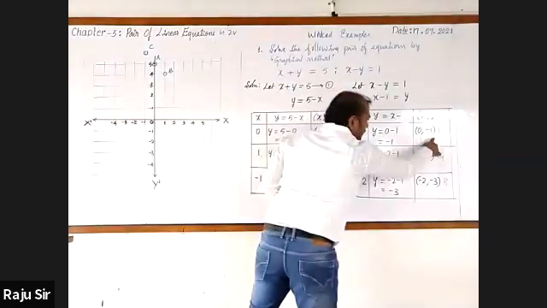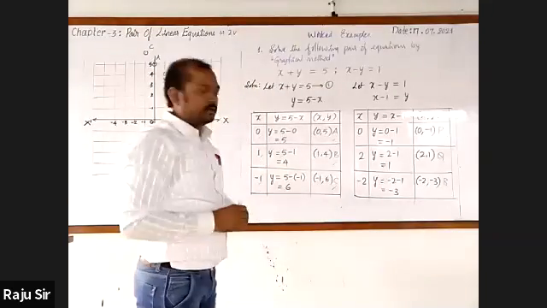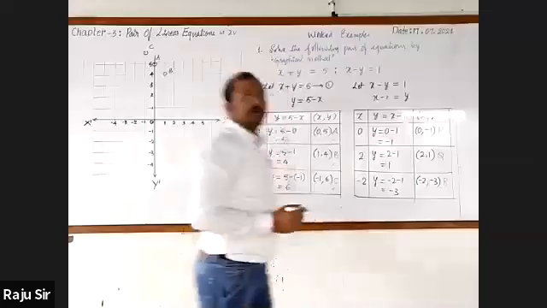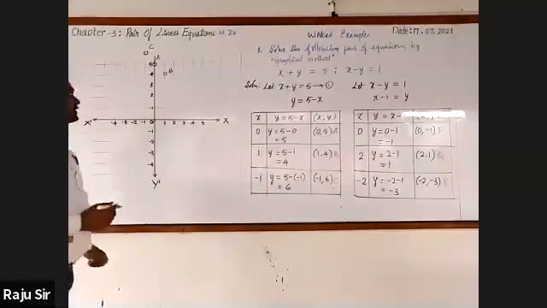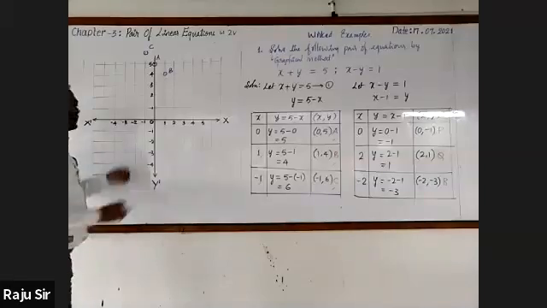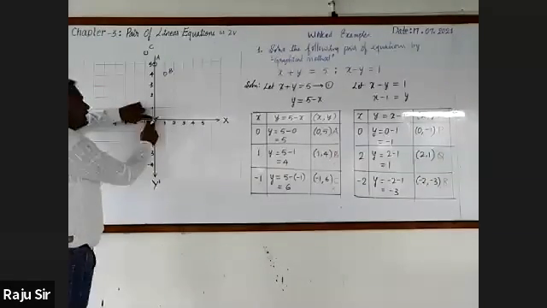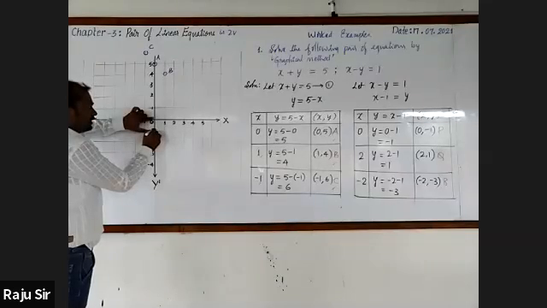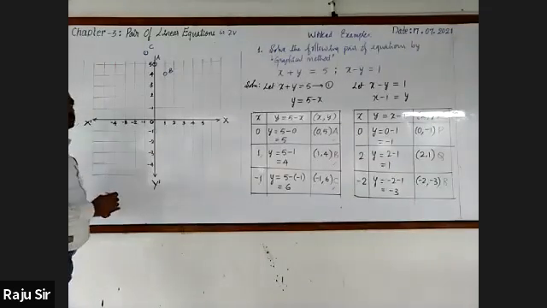Let us go for marking the points P, Q, and R. Point P is 0, -1. Where is it? On the x-axis or y-axis? Y-axis. 0, -1. Please observe. X is 0, Y is -1. It is here. Just put a dot and encircle.